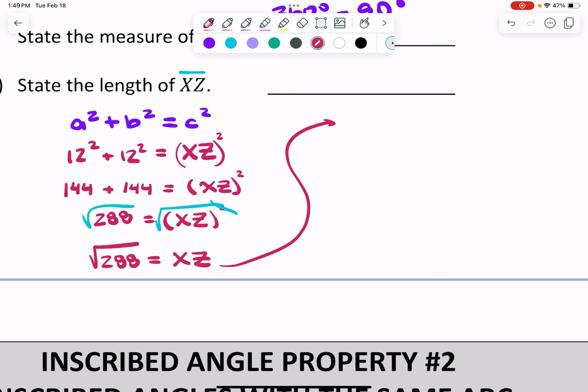But I don't know the square root of 288 off the top of my head. So I'm going to plug it into my calculator. And I'm going to round to 2 decimal places. And I get 16.97. And my units are centimeters.